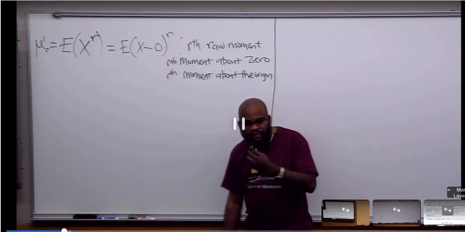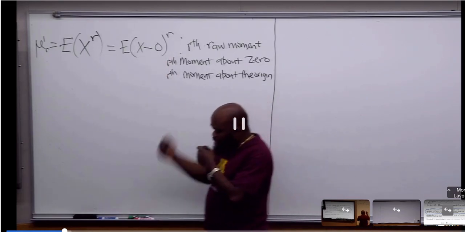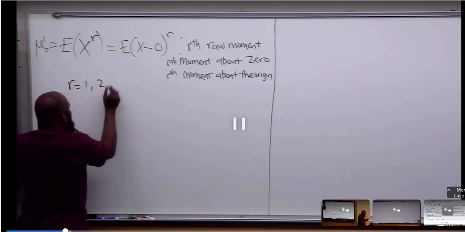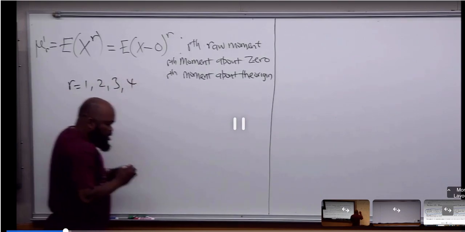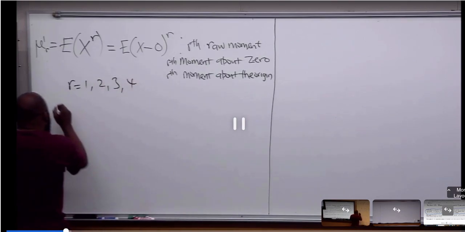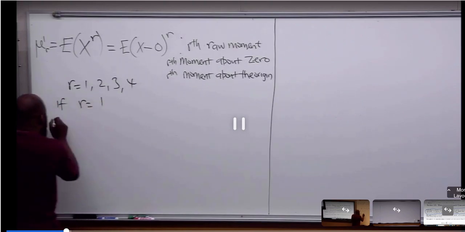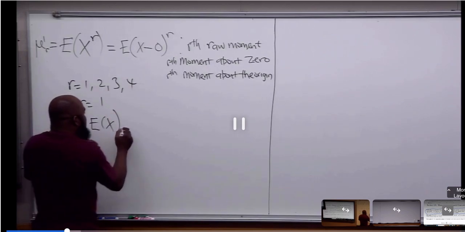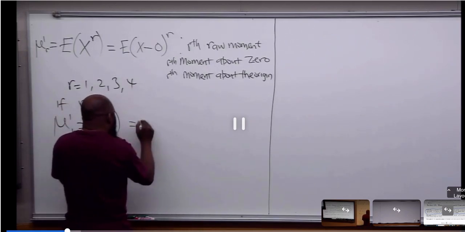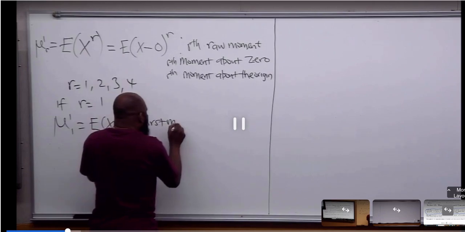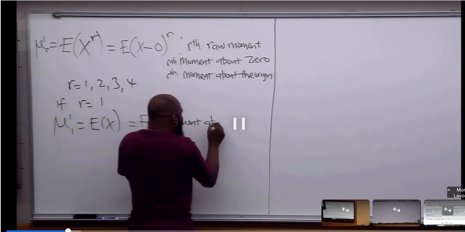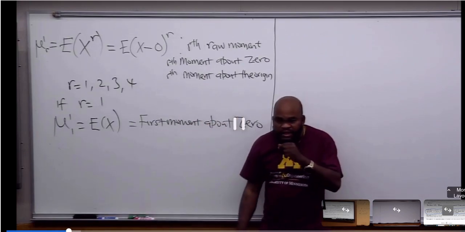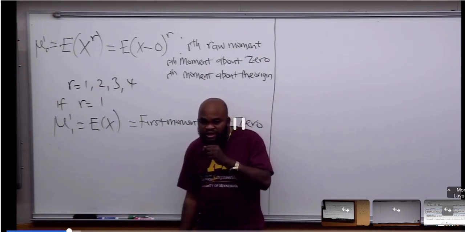Now I'm interested in r equal to 1, 2, 3, 4. If r equals 1, I'm going to have this, which is called the first moment about zero. The first moment about zero is actually the mean, the expectation of X.